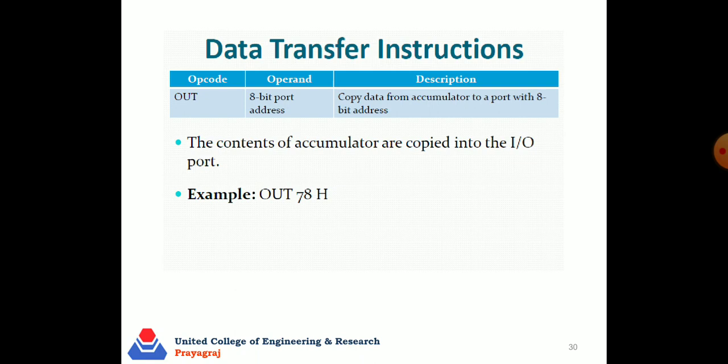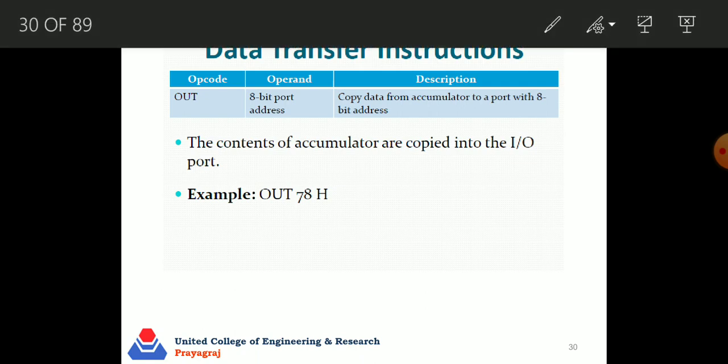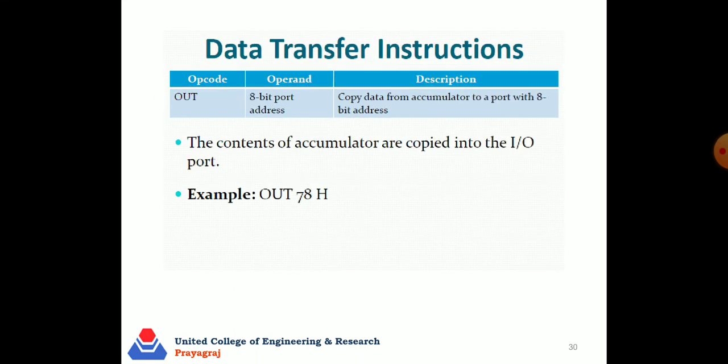Next, there are two instructions, IN and OUT. It is a combination of two instructions, IN and OUT. It is basically a 2-byte instruction. OUT has an opcode and an 8-bit port address, which may be anything from 00 to FFH.